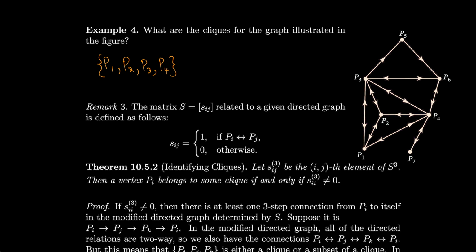However, there is one more clique in the picture, and that's right over here. 3, 4, and 6, because all of these go back and forth between each other, right? So let's put that clique in there.